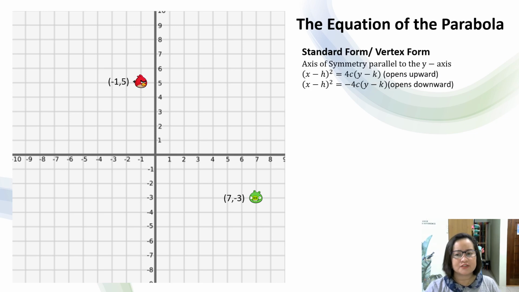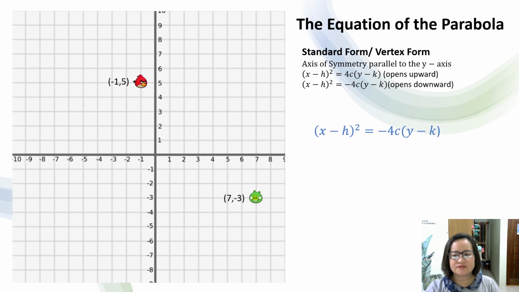We recall the standard form or the vertex form of parabolas. In this case, the parabolic path of the angry bird is a parabola that opens downward.